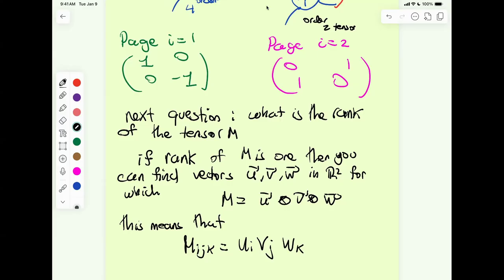And in this case, the problem that I asked you to do is to show explicitly that this cannot be done. That should be easy because most of the entries are zero, and you can do it by contradiction. We should get something impossible very quickly, because many of the entries are zero, one, and negative one. So it shouldn't be too hard to work out that this cannot happen.